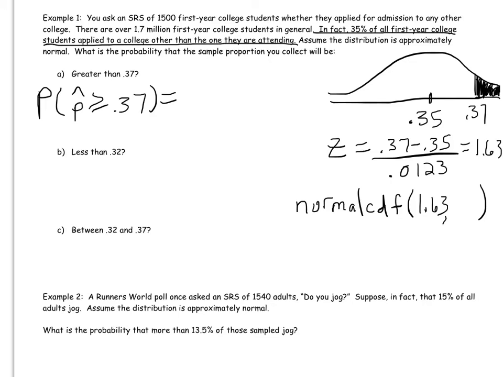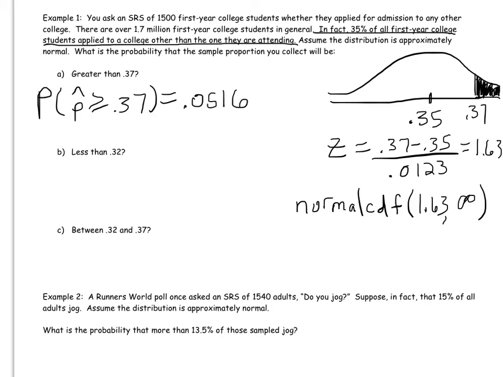So the ending z-score is infinity, which I could just type in as a string of 9s. So I would do normal CDF, 1.63, comma 9999. I get 0.0516.